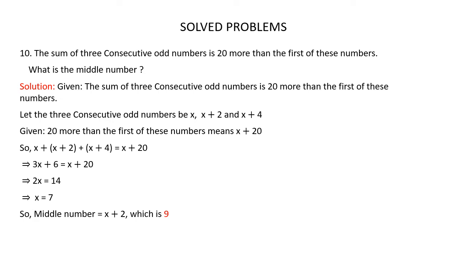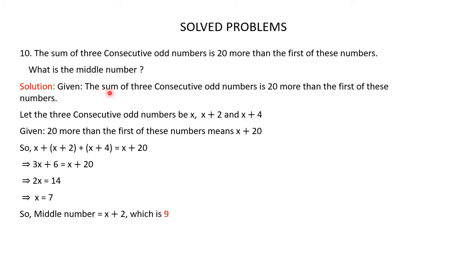Question number 10. The sum of three consecutive odd numbers is 20 more than the first of these numbers. What is the middle number? So let the three consecutive odd numbers be x, x plus 2 and x plus 4. Here x is the first number, x plus 2 is the middle number. Our target is to find the value of x plus 2. But to do that, we have to find the value of x first.